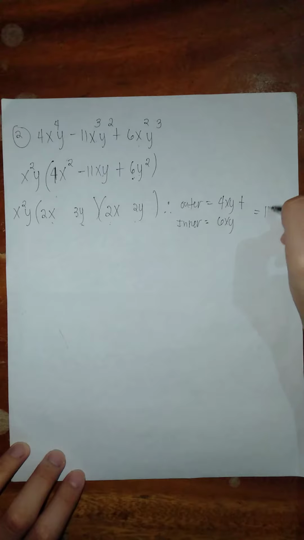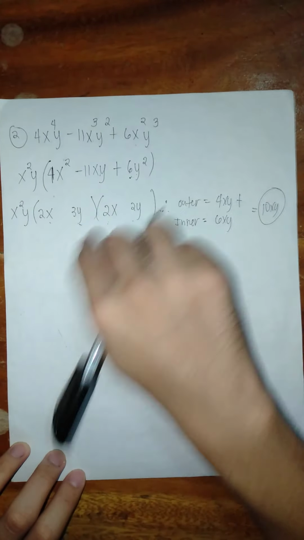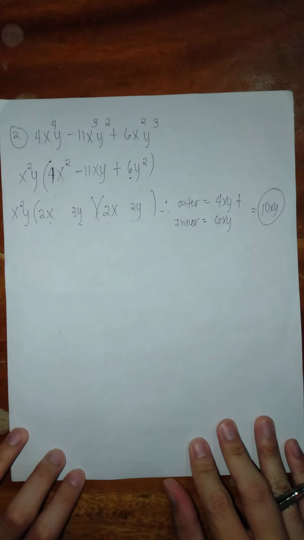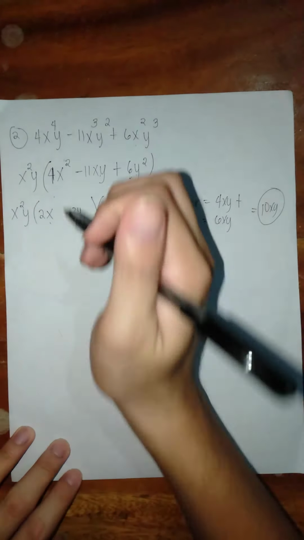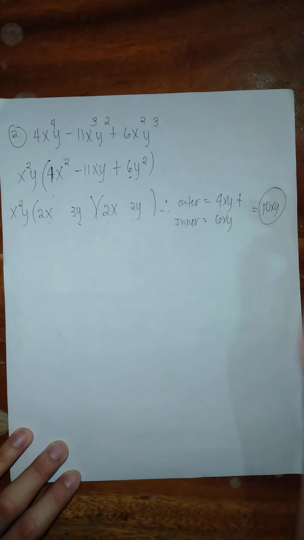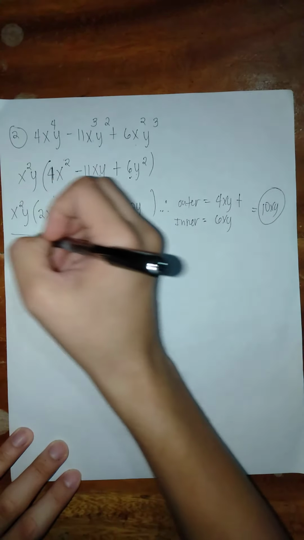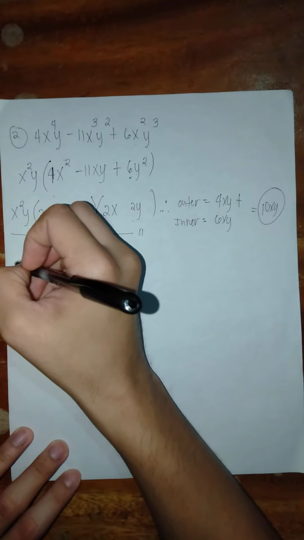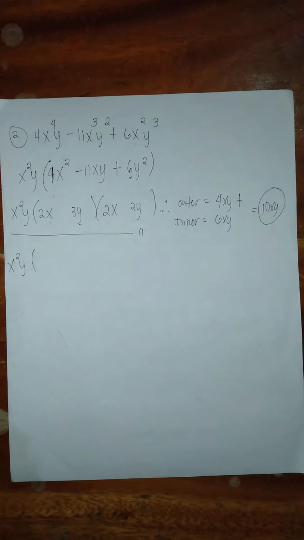So, 10. Mali na yan. So, it means this is incorrect. Isip ulit. Kahit pagbaliktarin mo yan, guys, it will give you the same answer, 10 pa rin yan. Ulit. So, mali yan. Okay, x squared y, kasi tayo ulit.